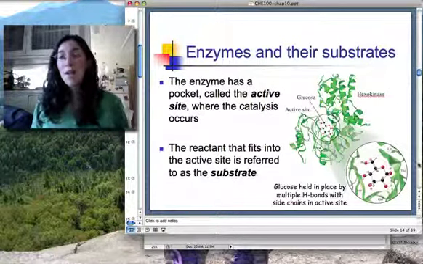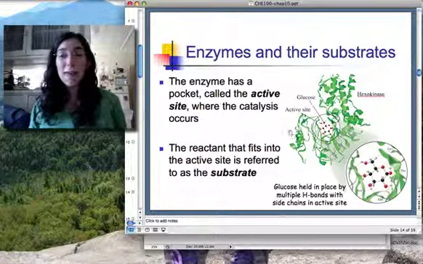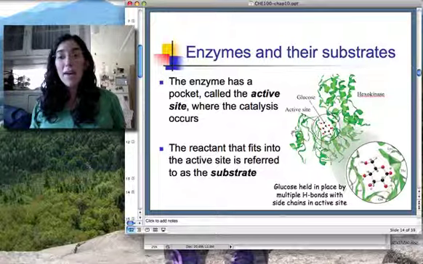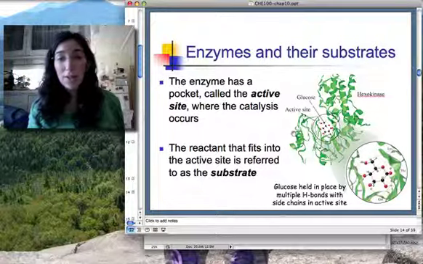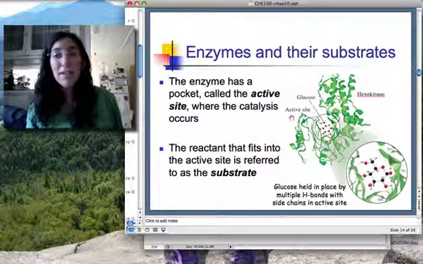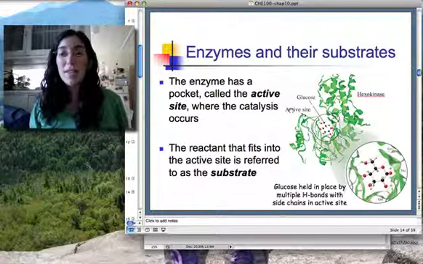So the three-dimensional structure we talked about is so important for an enzyme because an enzyme has to fit its substrate. The substrate has to be able to bind to it, okay? The site in the enzyme, which is usually like a pocket, is called the active site.